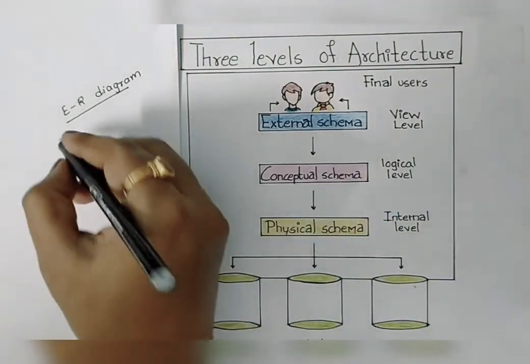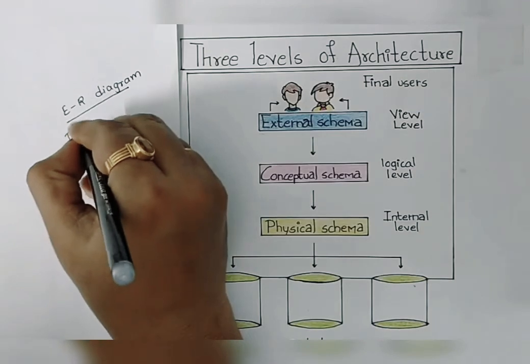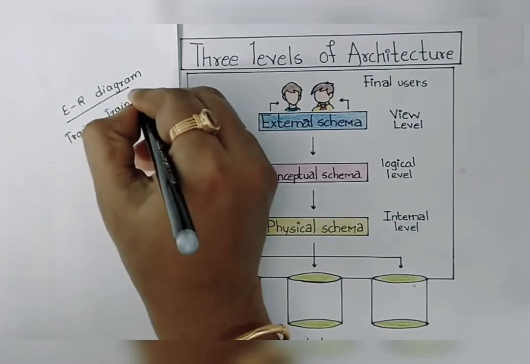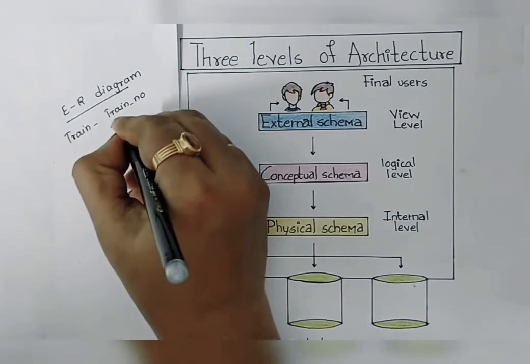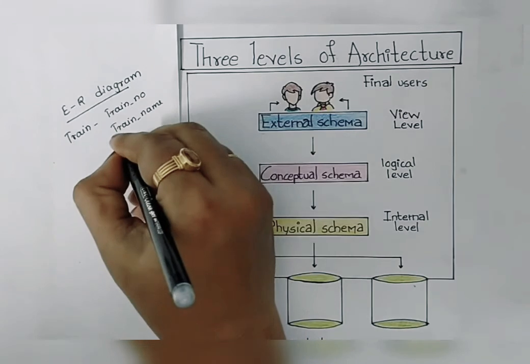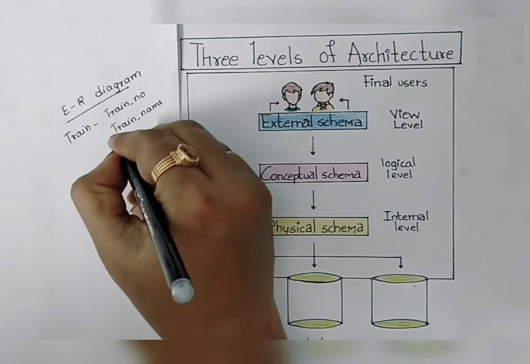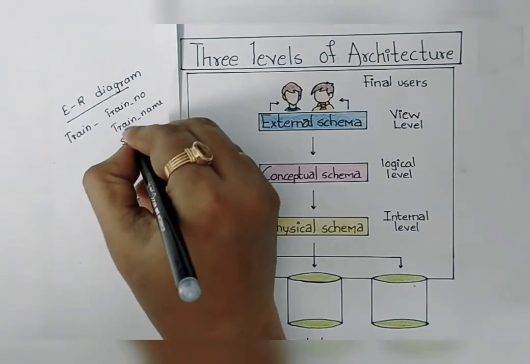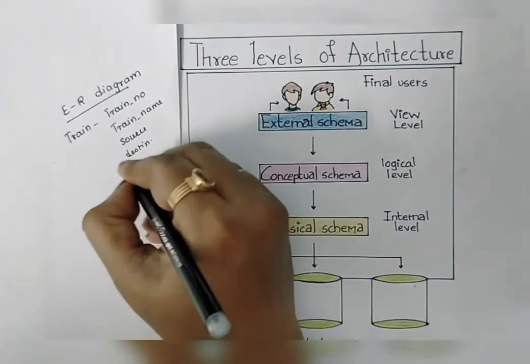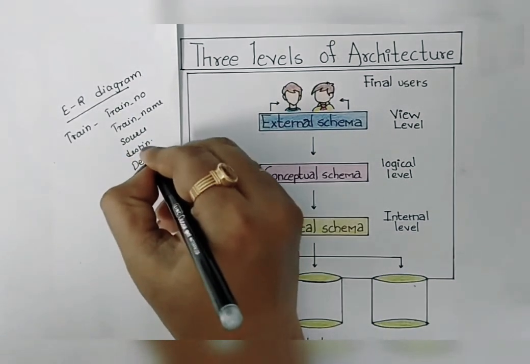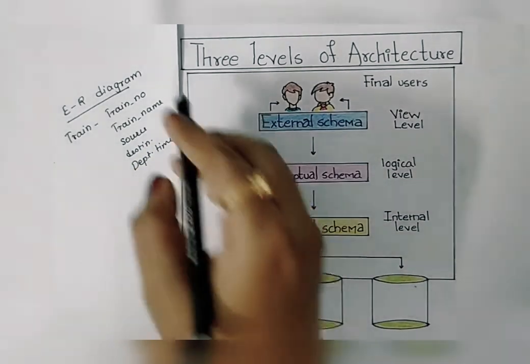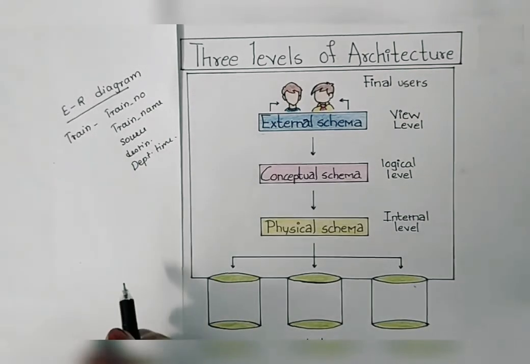Like suppose for train, you will store train number, train name, then you will store source, destination, departure time, and so on. You will store multiple details about the train.